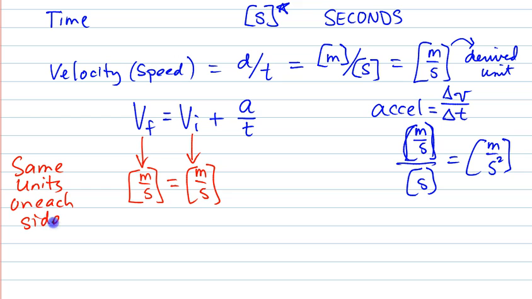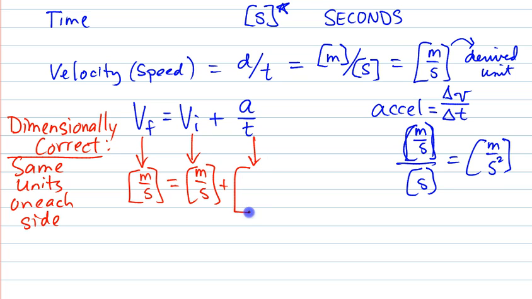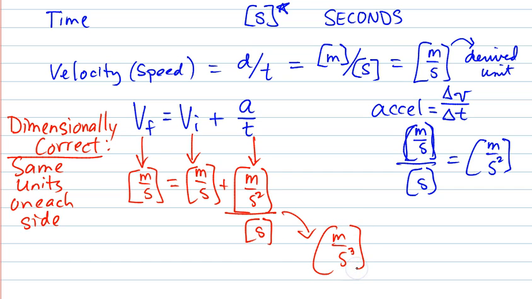That's going to tell us that we are dimensionally correct: same units on each side. So far so good. But now we do acceleration divided by time. Acceleration is meters per second squared, and time is seconds, so that's really meters over seconds cubed.